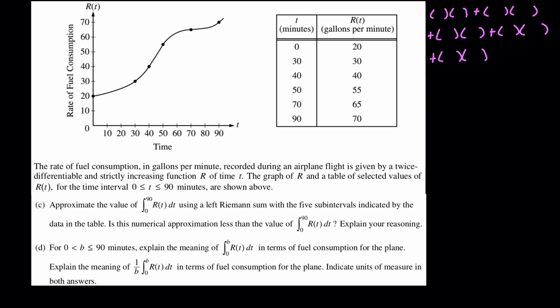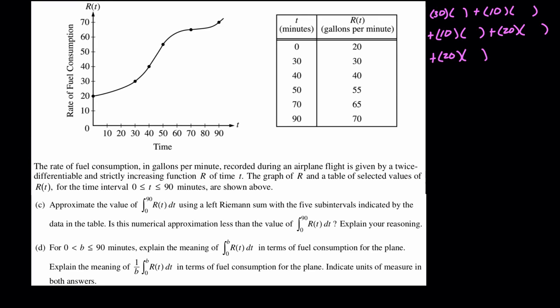We got 5 of these rectangles. The first base is from 0 to 30, so that's going to be a 30. The next base is from 30 to 40, that's a 10. And then from 40 to 50 is 10. From 50 to 70 is 20. And from 70 to 90 is also 20.